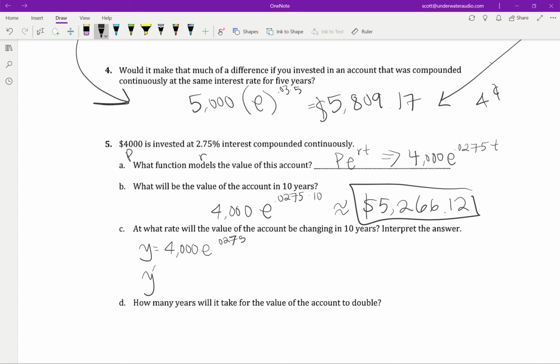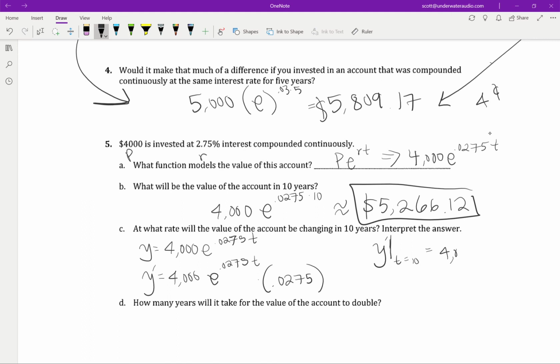The derivative would be, so I'll leave the 4,000 alone, and then e to its exponent stays the same. And actually, I forgot the t up here. But then I'm going to multiply by the derivative of the exponent, which would be 0.0275. And then I want to evaluate that when t is equal to 10.